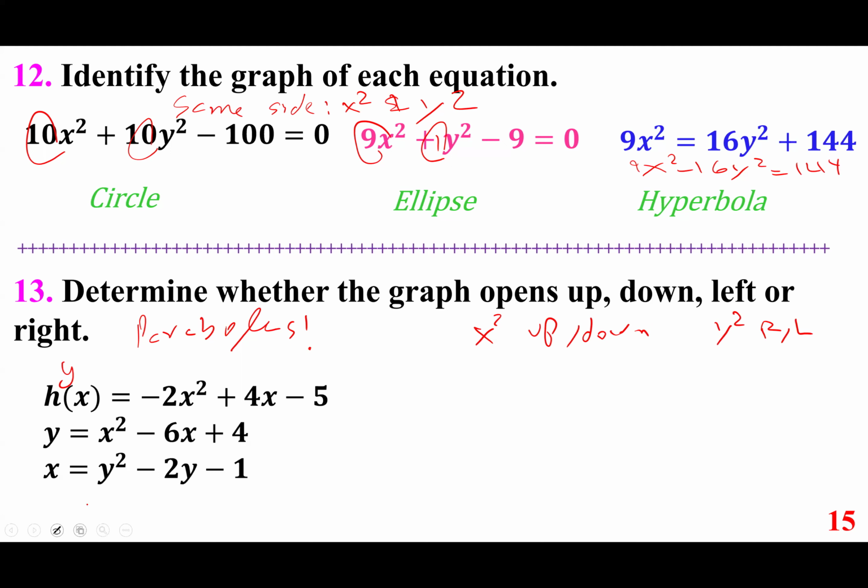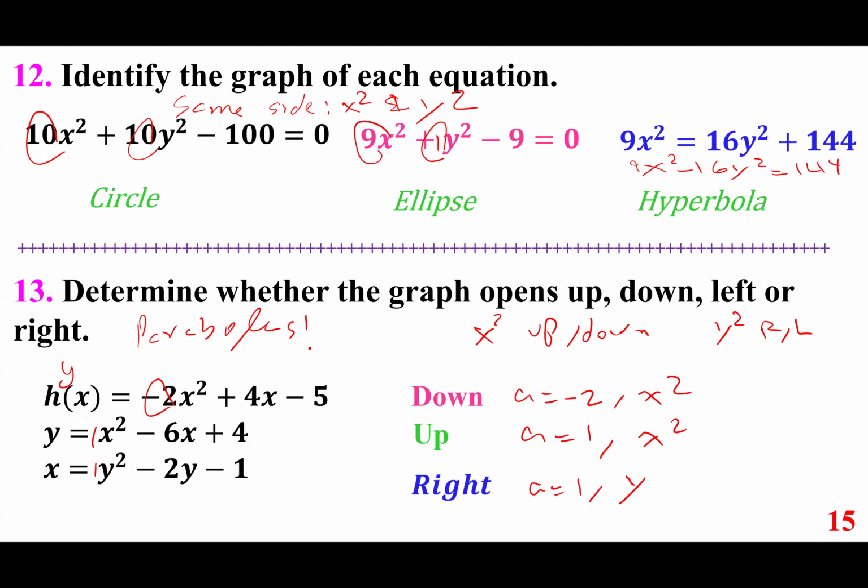So this one means down, because a is -2 and we have x squared. This one is up because a equals 1 and we have x squared. This one is to the right because a is 1 and we have y squared. If we had -y squared, it would open to the left.